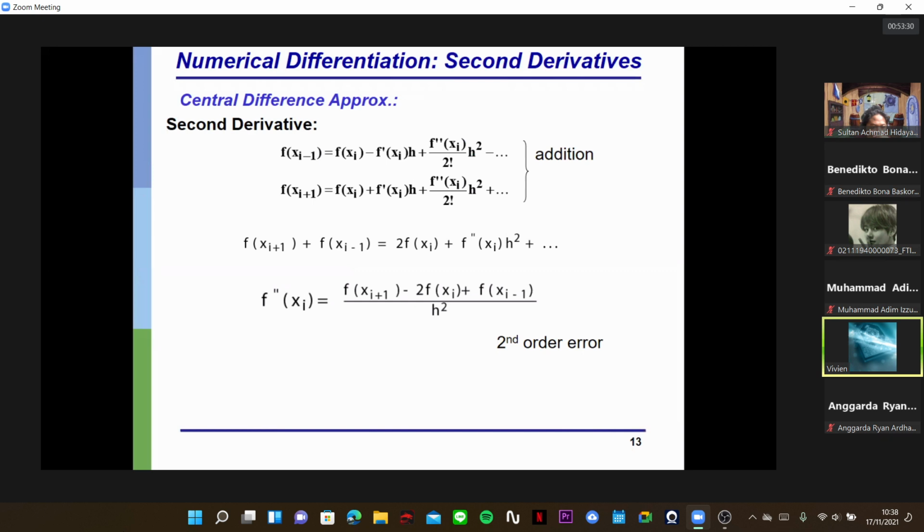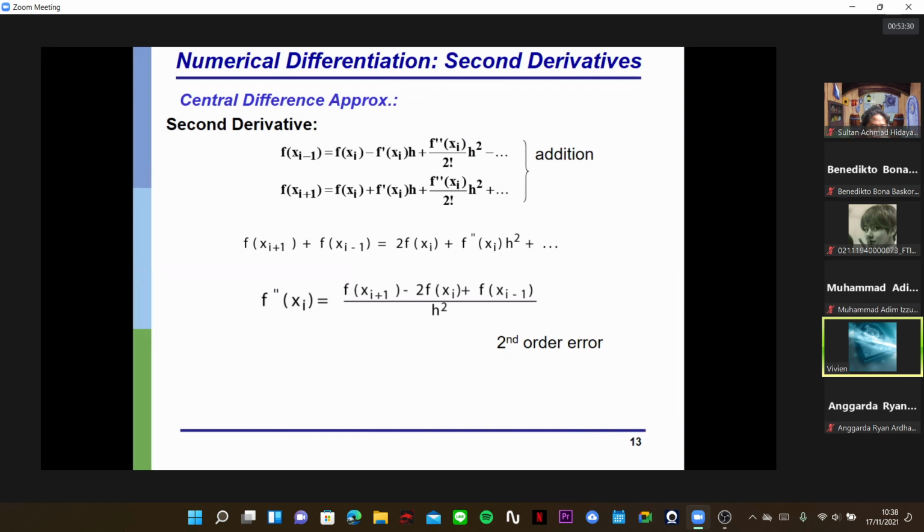So if we want to calculate at 0.5, we need to connect that with the point after, so plus 0.5, with h 0.5 or the interval size of 0.5.